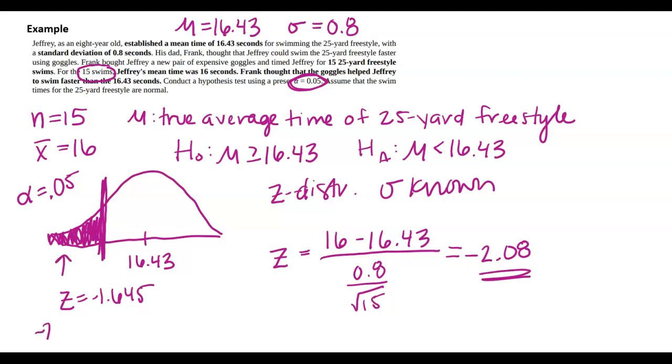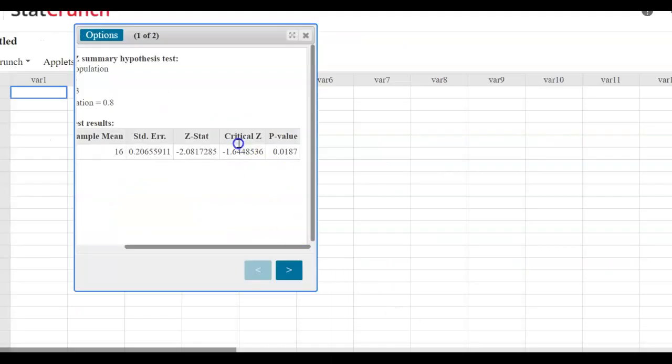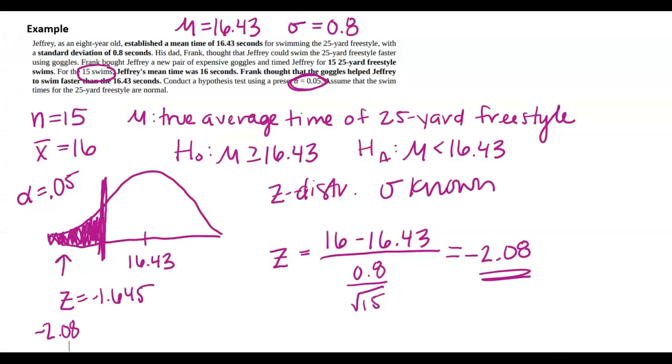Okay, negative 2.08 is in that rejection region. Additionally, it gives the critical value right here, and that p-value is 0.01, which is less than the alpha value of 0.05.